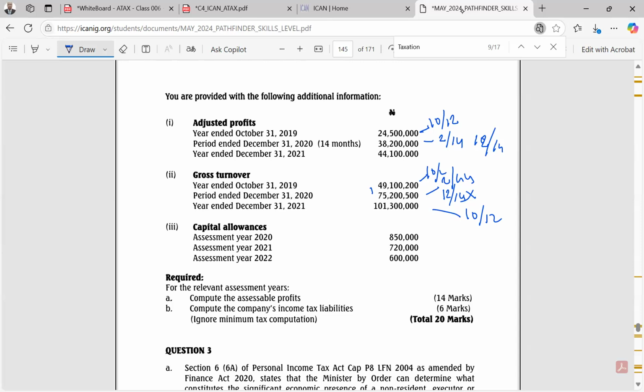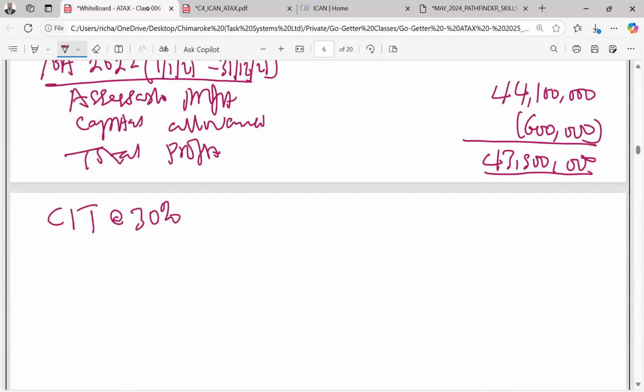It's because this gross turnover is over 100 million. That's why I'm using 30%. So look for 30% of this. That's 13,050,000 naira.